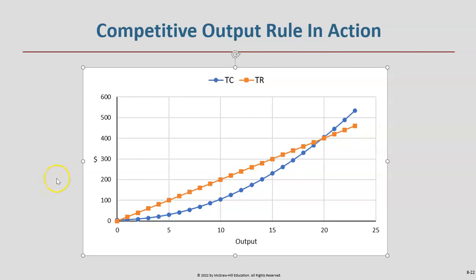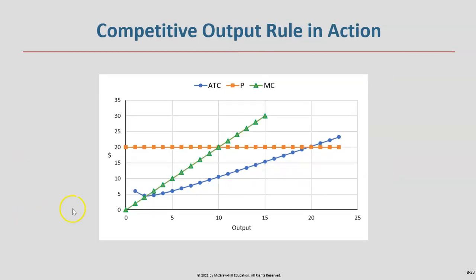All that's easier to see when we convert total cost to average total cost and total revenue to average revenue, or price, or marginal revenue. All those three terms are synonymous for a business firm that operates in a competitive market. So here's what that picture looks like. Again, the cost curve is blue with dots.